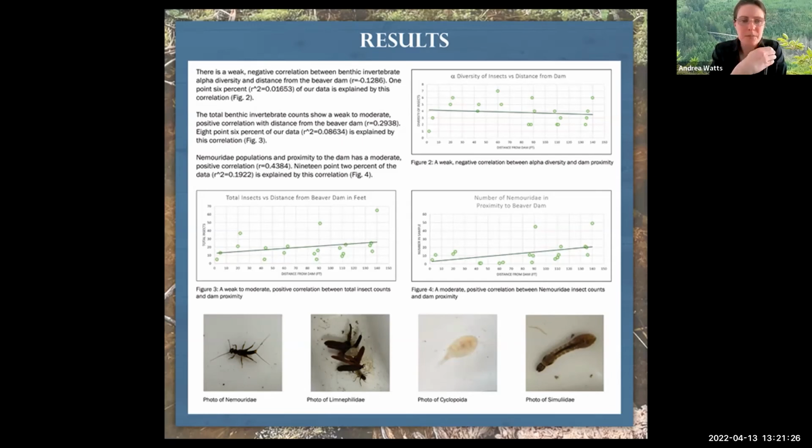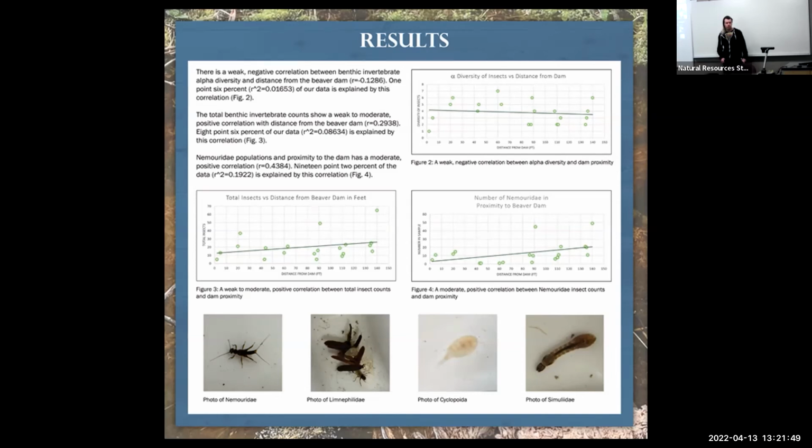Other stream ecosystem questions, I believe it opens up testing for dissolved oxygen versus organic material, since organic material tends to be larger closer to the beaver dam and smaller below because of these shredders.